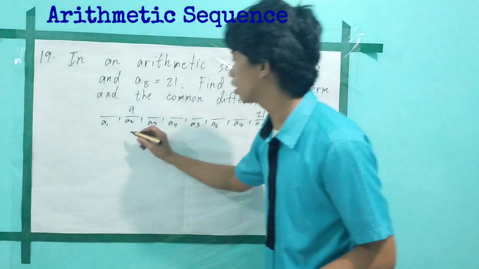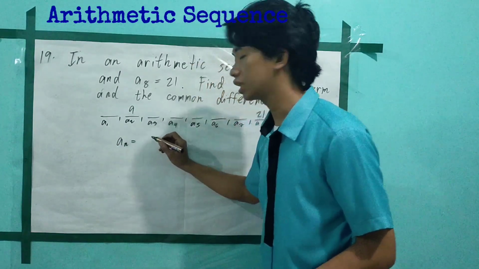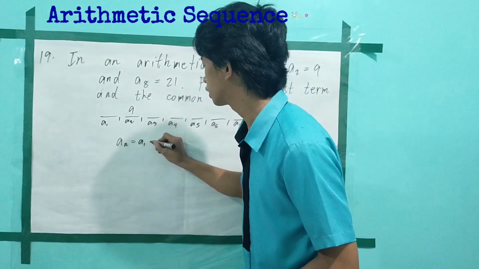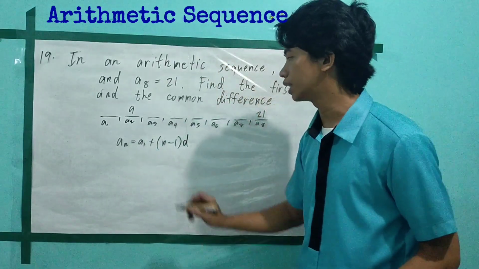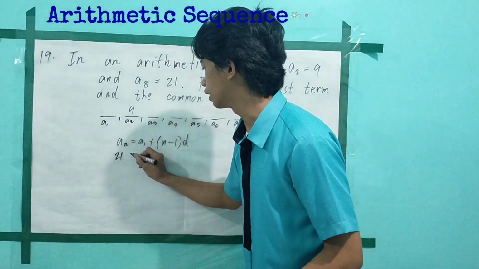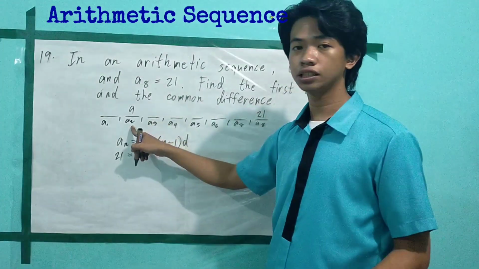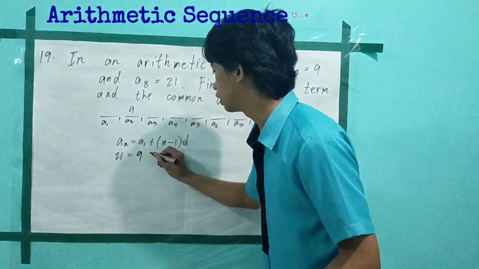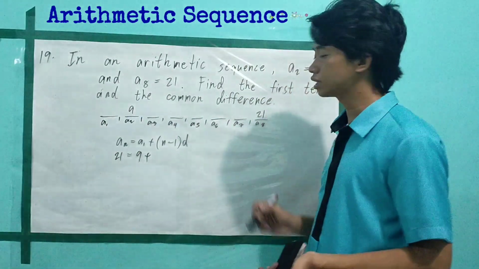So, para hanapin ang common difference, let's use the formula of an arithmetic sequence. A sub n is equal to a sub 1 plus n less 1 multiplied to the common difference. Ang ating a sub n is equal to 21. Is equal to, okay, gawin muna natin a sub 1 yung a sub 2 natin. We have 9. Plus, how many terms from a sub 2 to a sub 8?